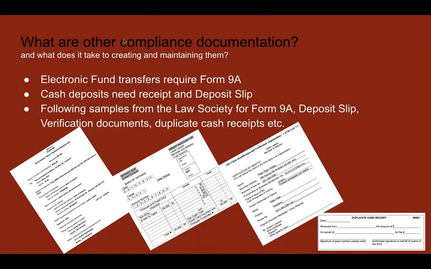All right, so coming back to the EFT forms that I was talking about, these are downloaded every time you move money from trust to the general electronically. That's why it's called electronic trust transfer requisition, and it has a requisition number.